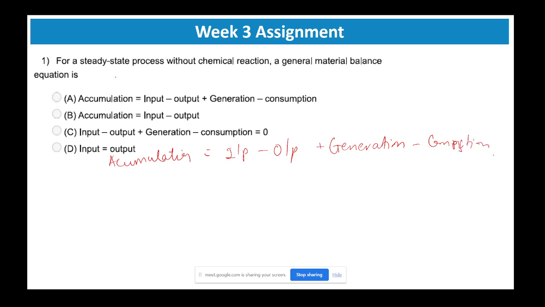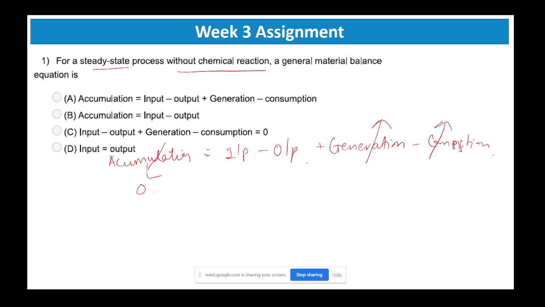There are two key terms here. The process is steady state. So what does steady state mean? Accumulation will be 0. And there will be no reaction, so there will be no generation term and no consumption term, as I have already explained in the starting of the lecture.